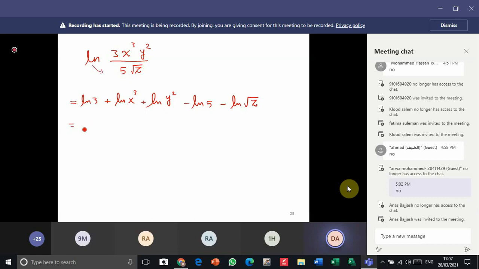So this is equal to ln 3 plus 3 ln x plus 2 ln y, putting the 3 and the 2 outside the ln, minus ln 5, and this is z to the power half, so put the half outside the ln, like this.